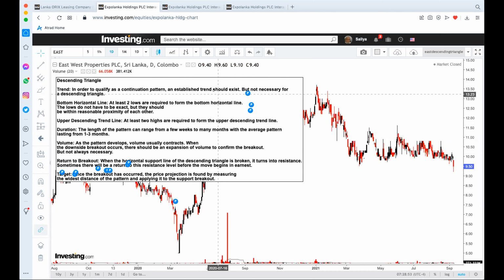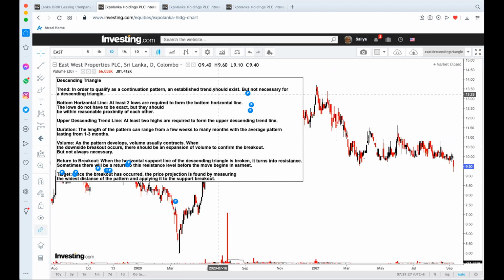The trend itself is not the important criterion, because by now you would have realized that it is the demand and the supply play that makes the ascending triangle happen. So even in a downtrend, there can be an ascending triangle, which means the demand is paying premiums. Similarly, in the case of the descending triangle, the supply is discounting.